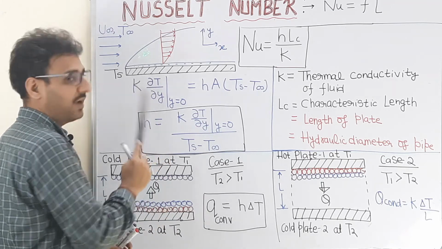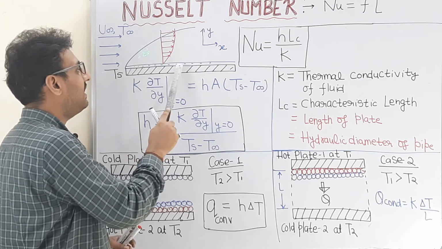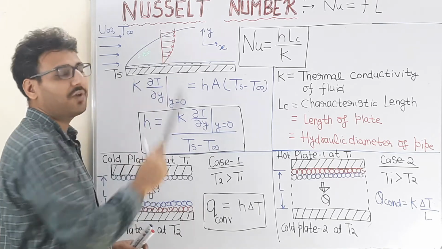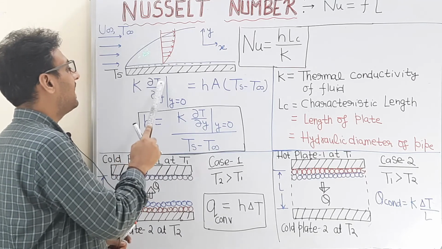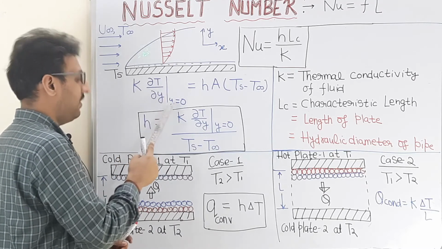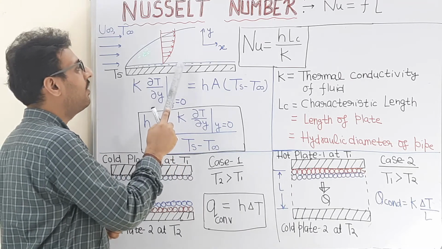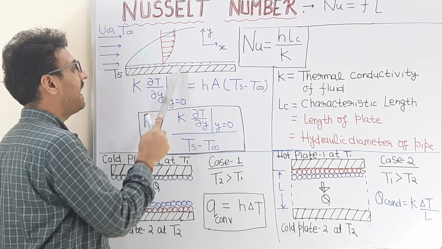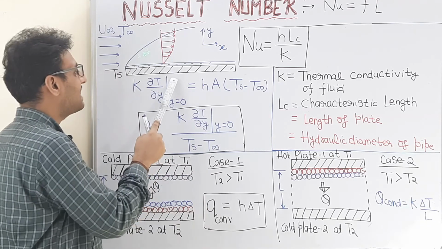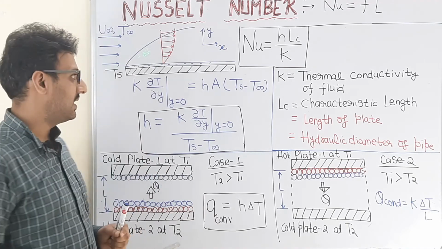So the heat flux, heat per unit area, at the surface of the plate is given by k del T upon del y at y equals 0, because heat is transferred from the plate to this stationary layer by conduction only. Hence we have applied Fourier's law of conduction.